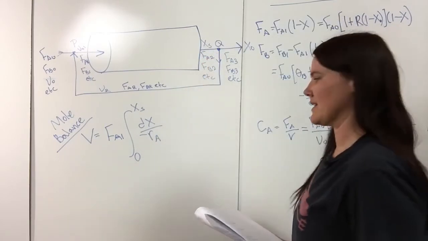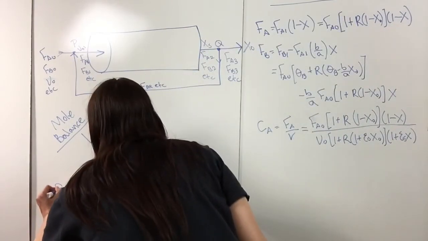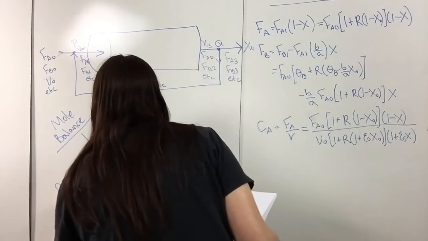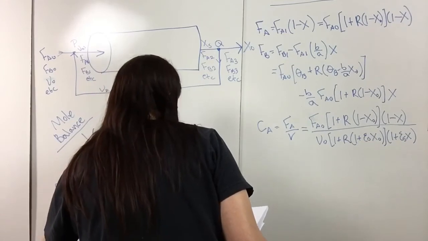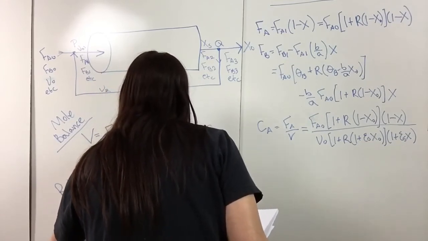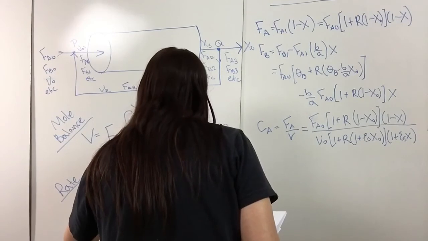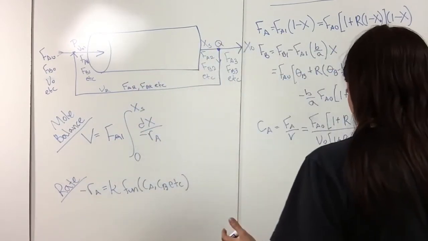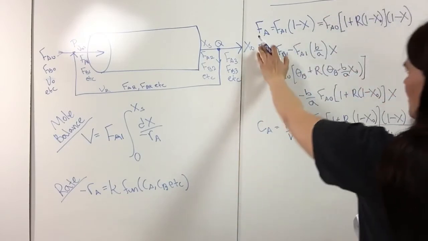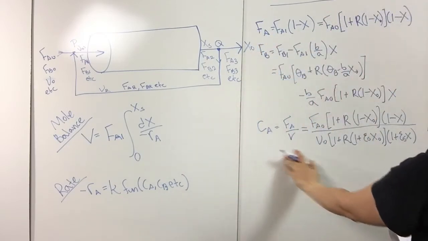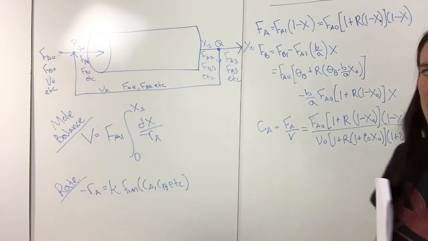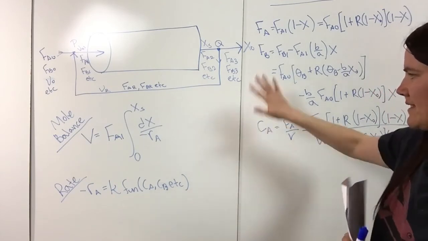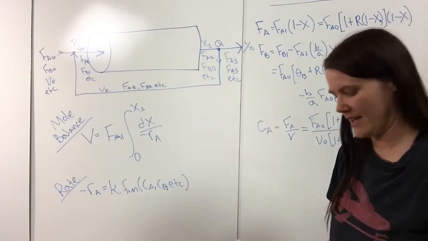Then we can just do the same thing we have been doing. We need the rate, so minus RA is equal to k, and then it's probably a function of CA, CB, etc. And then you would do your stoichiometry, which we've already gone through. I want to go through a few other relations just because there are a few different ways you can solve this and a few different things you can look at.